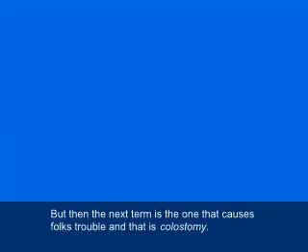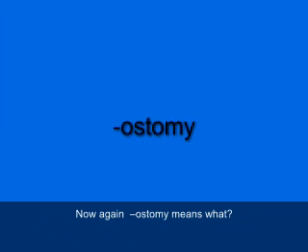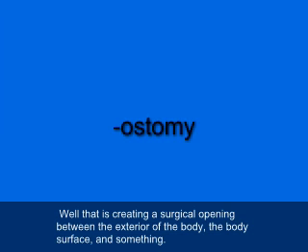But then the next term is the one that causes folks trouble, and that is colostomy. Now again, ostomy means what? Well, that's creating the surgical opening between the exterior of the body or the body surface and something.